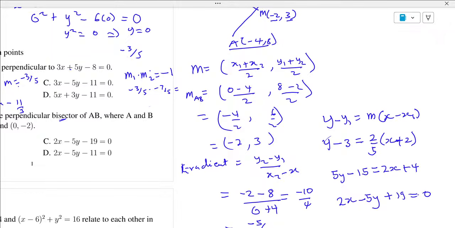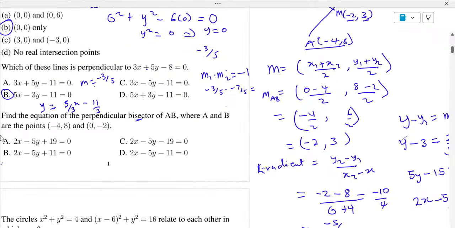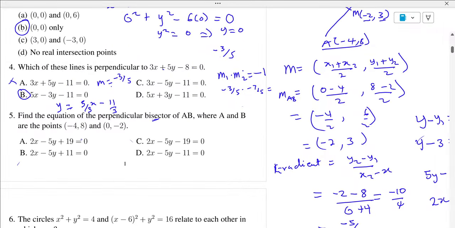So 2x minus 5y plus 19 is our answer, and so the corresponding value is A. Alright, so that is that for question 6.